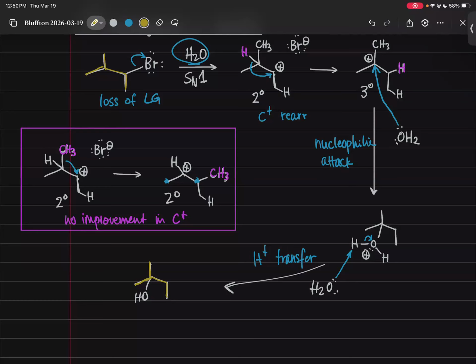So whenever you see a reaction, for example if I give you the starting material and the product, and you look at the position of whatever substituent is on there and you see that it's changed, that is a major red flag, or I don't know if it's a green flag, depending on which mechanism you find easier. But that should tell you that a carbocation rearrangement must have occurred at some point, because the substituent has moved positions. Of course, it's changed what substituent it is, but it's moved positions.